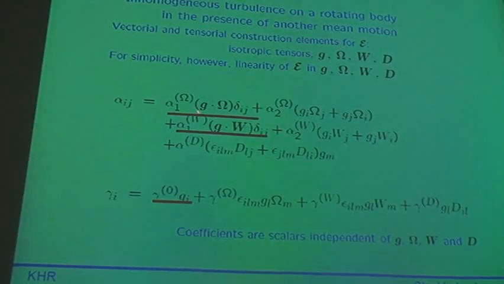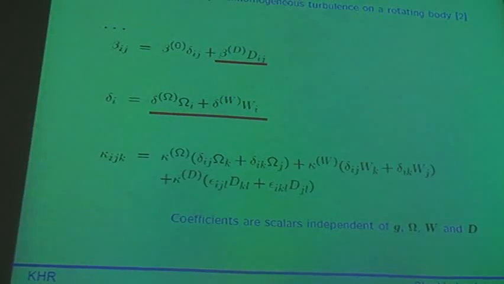And you see in the alpha tensor, you have again the alpha effect due to G and omega. But you have also an alpha effect with G and W, that means the curl of the mean velocity. And you can have also an alpha effect with, let's say, the deformation tensor, the symmetric part of the gradient tensor. Okay. It is only to show you what might happen.